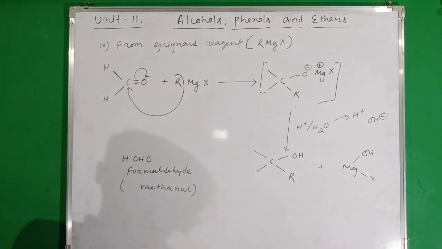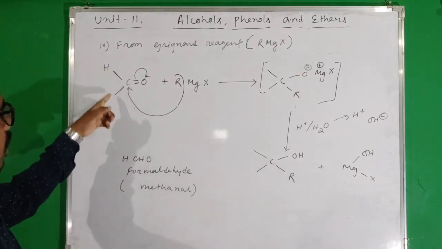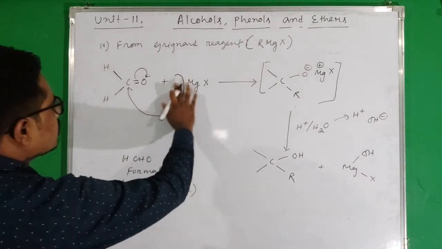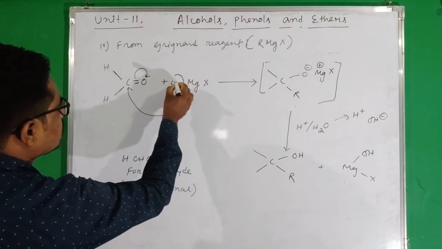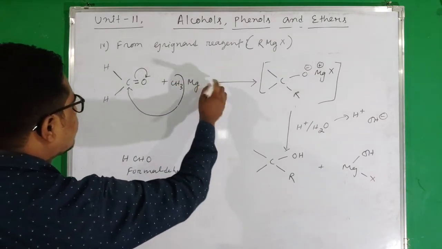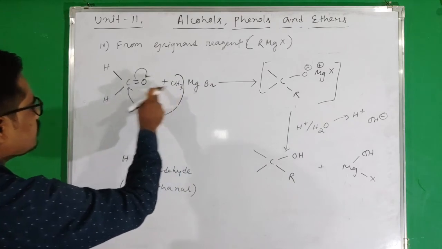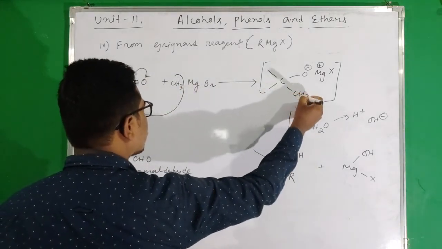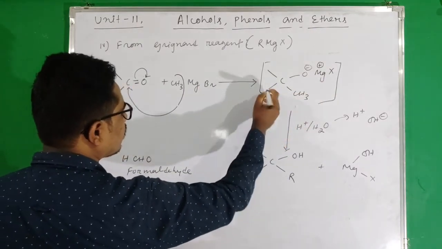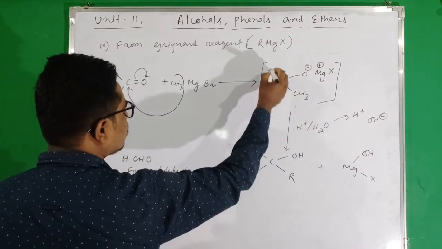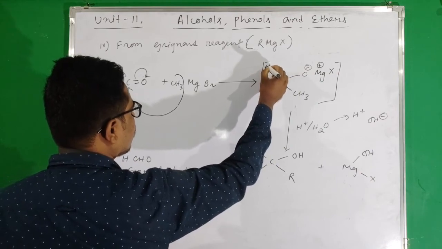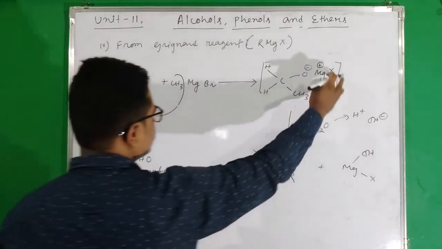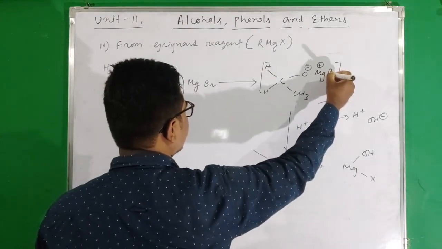So we put the hydrogen atoms along with these bonds. Okay, suppose we are considering the Grignard reagent as CH3MgBr. Okay. This CH3 group will attach to this carbon, resulting in CH3. Here one hydrogen is present, and at this position another hydrogen is present. Okay. And we are using the halogen bromine.